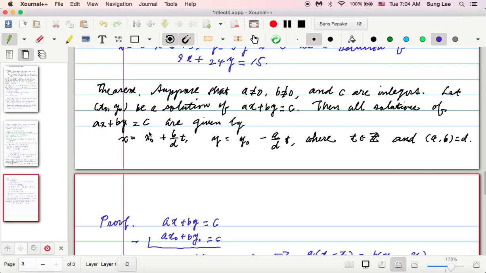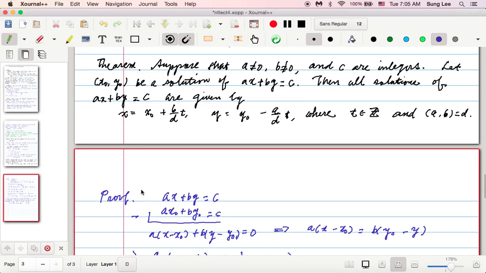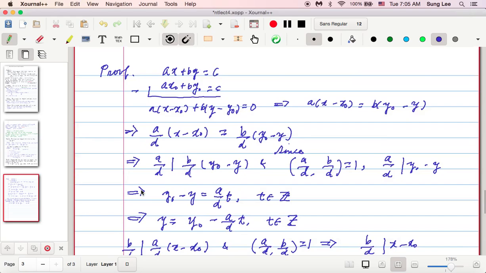However, what I did so far doesn't actually tell you, listen carefully, that this type of solution is actually all other solutions. I didn't show that. So my proof actually was not complete.